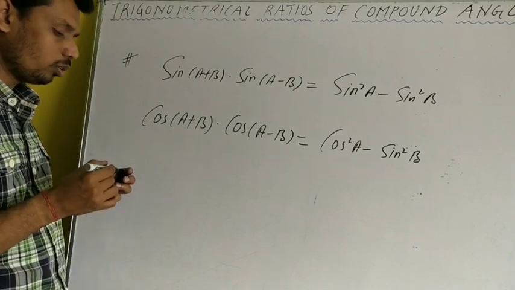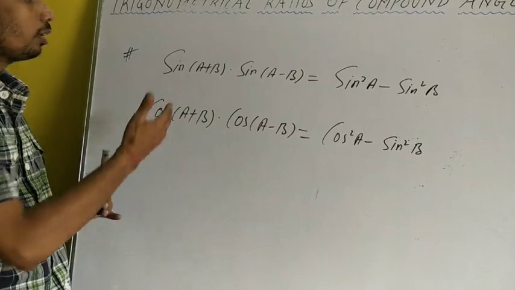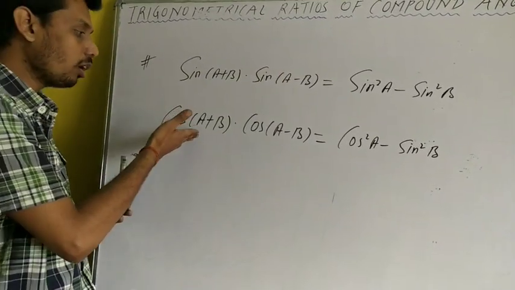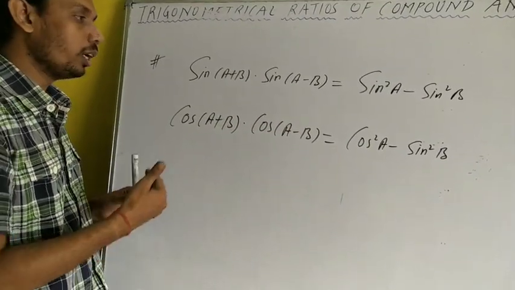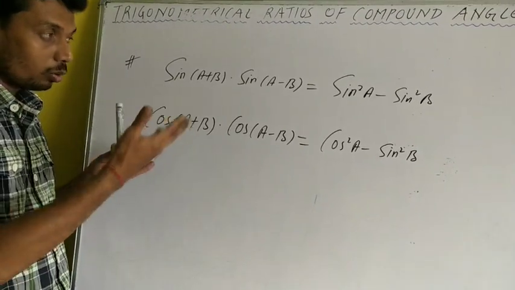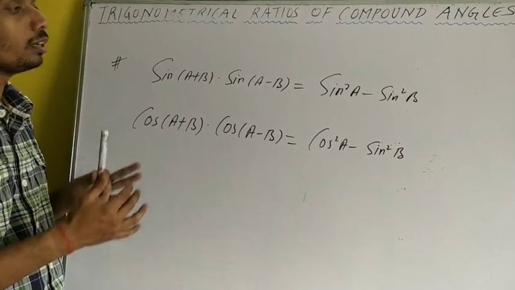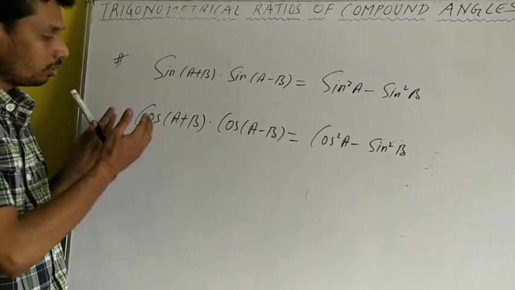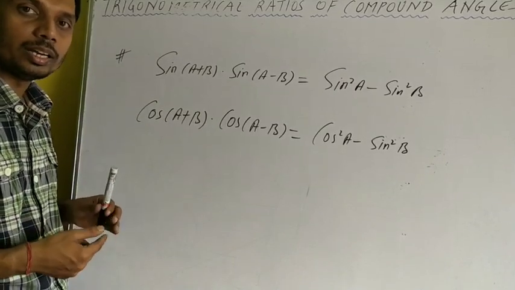You take all these as your assignment and try to derive these formulas: why sin A plus B into sin A minus B is equal to sin square A minus sin square B, and why cos A plus B into cos A minus B is equal to cos square A minus sin square B. I have also given the three formulas just prior to this, the values of sin 3A, cos 3A and tan 3A.